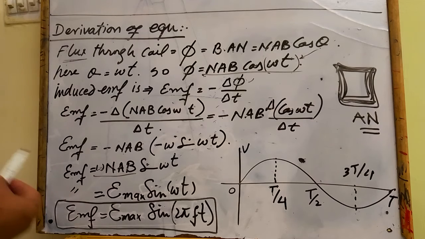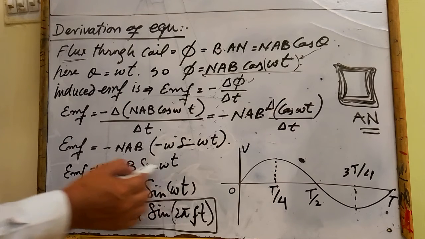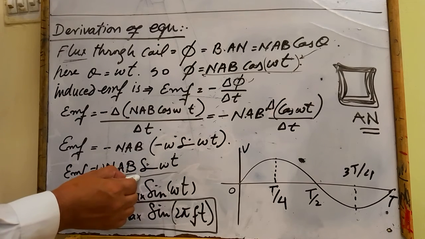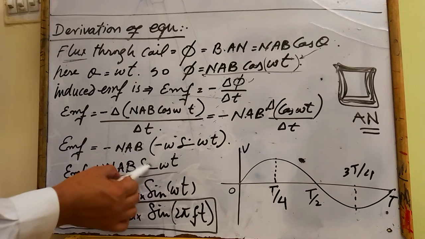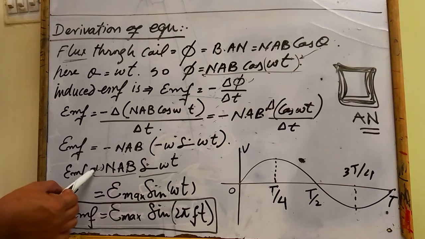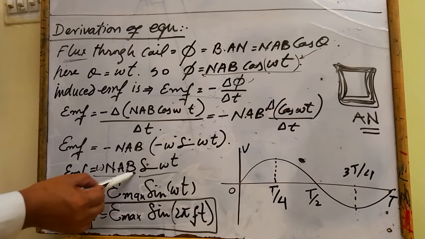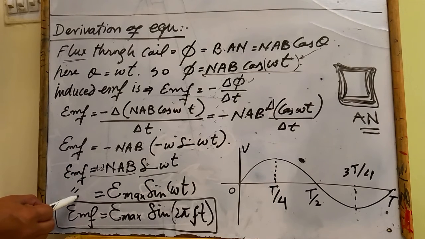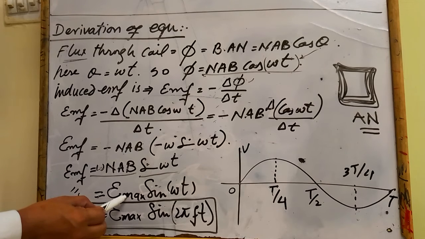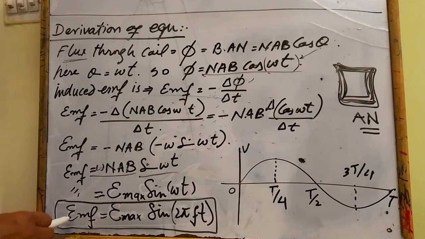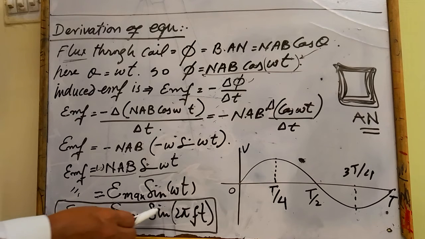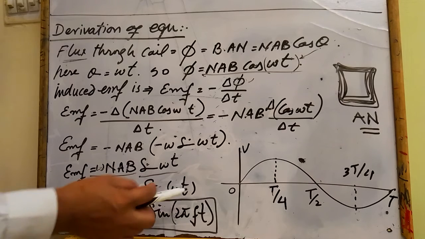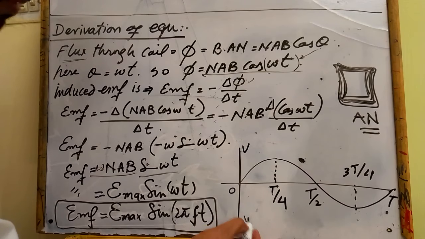To take the maximum value of the EMF, we take the sine component equal to 1, so EMF maximum is equal to omega NAB. We put this value here, so the instantaneous EMF is equal to EMF maximum sine of omega t, or simply EMF equals EMF maximum sine of 2 pi f t, because omega is equal to 2 pi f.